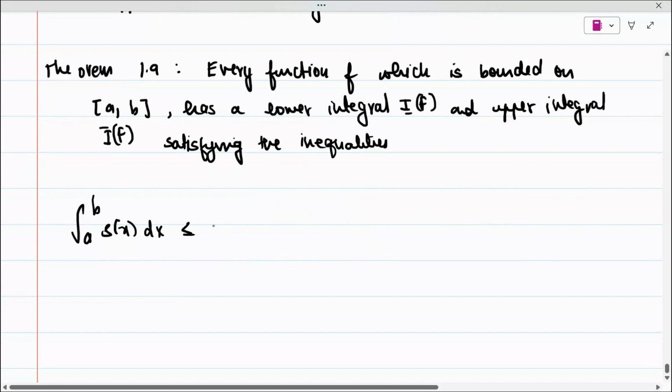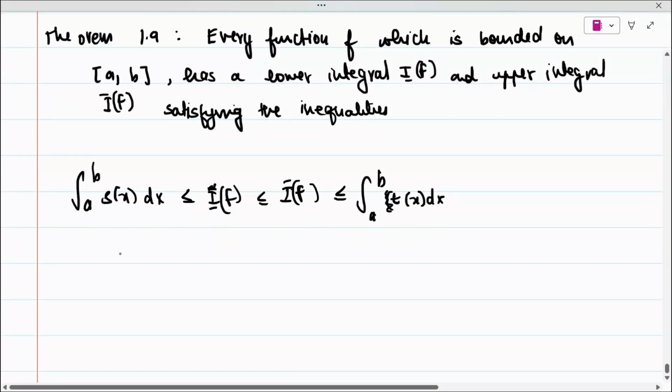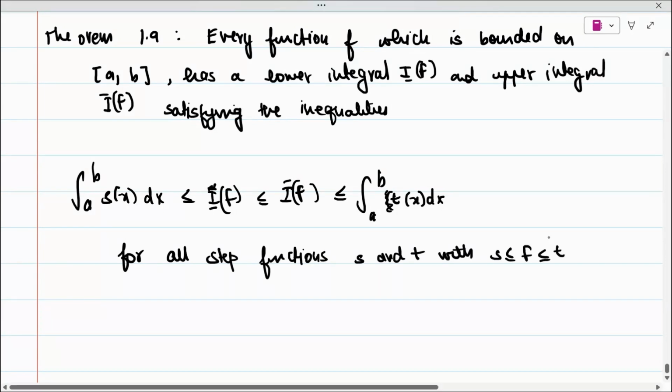The lower integral of f is equal to the supremum of the integrals of t dx for all step functions t, with f greater than or equal to t.